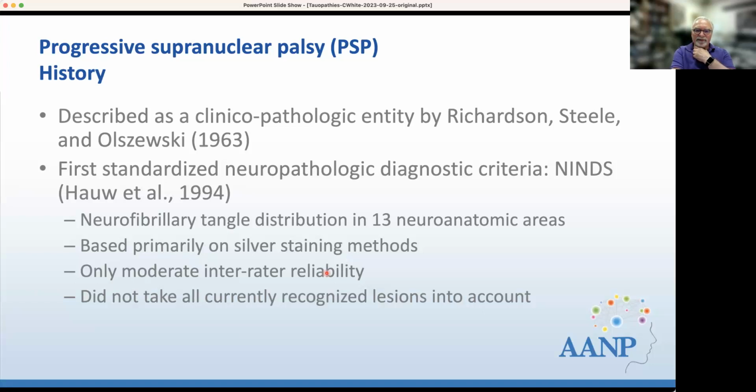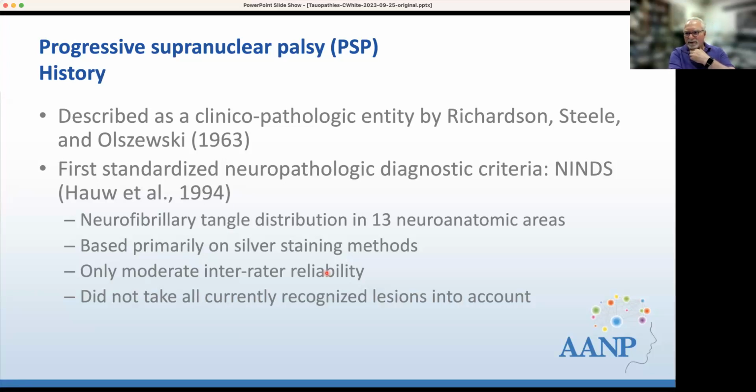The first neuropathologic criteria were described in 1994 under a group that was convened by the NINDS and headed by Hauw et al. This set of criteria was a bit complex in that it included the characterization of neurofibrillary tangles in 13 neuroanatomic areas.